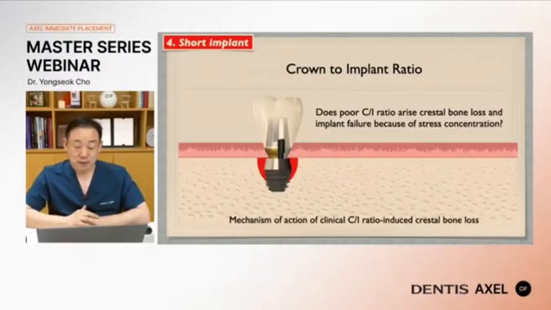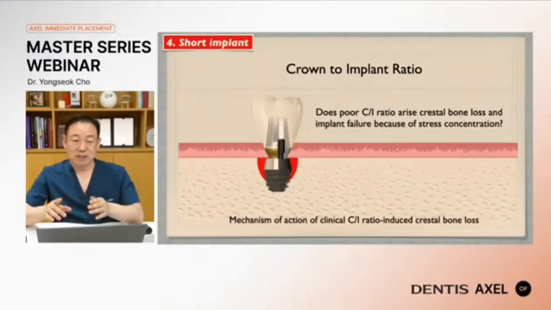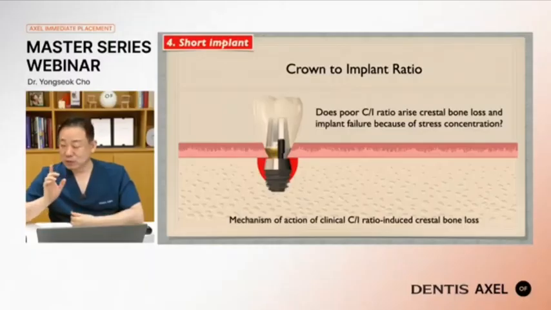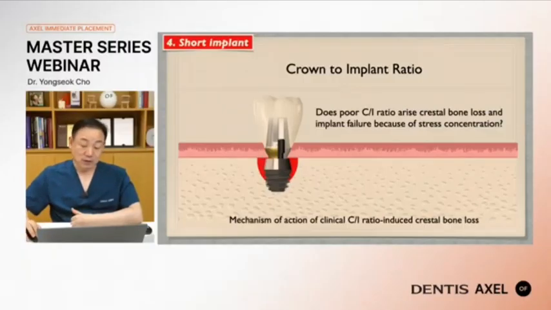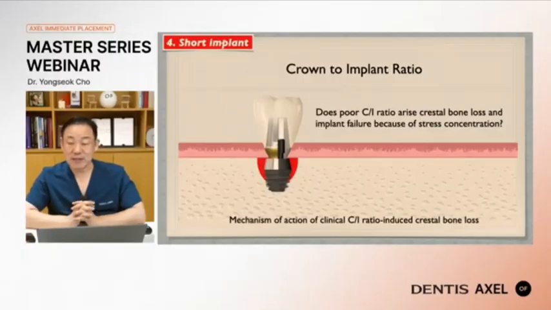As you know, unlike natural tooth, implants are rigidly osseointegrated into the surrounding bone and do not have a periodontal ligament. Therefore, the crown to implant ratio does not have the same prognostic significance as the crown to root ratio of natural teeth. So, in clinical practice, an increased crown to implant ratio alone does not necessarily compromise the success of a short implant.